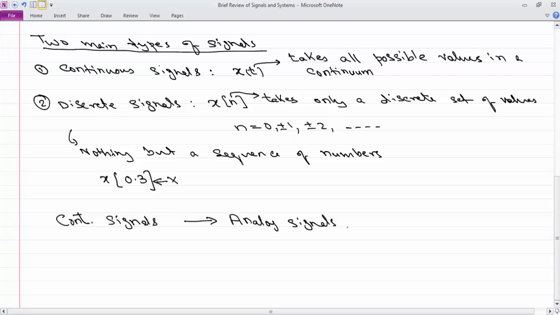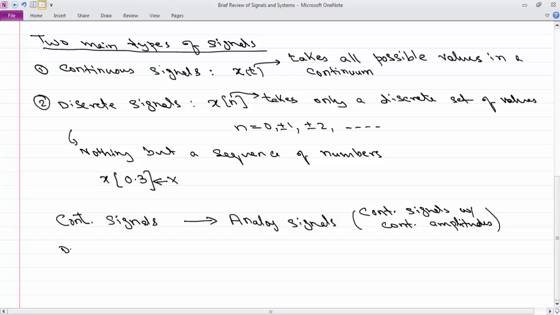Continuous signals, strictly speaking, although we often mix the two terms, a continuous signal is only saying that t takes all possible values. Whereas when we say it's an analog signal, it means that the values it takes are also continuous. The amplitude of the signal is also continuous. So it's continuous signals with continuous amplitudes.